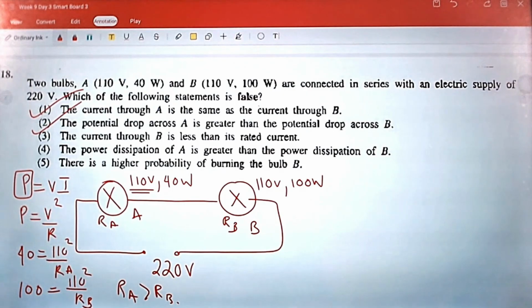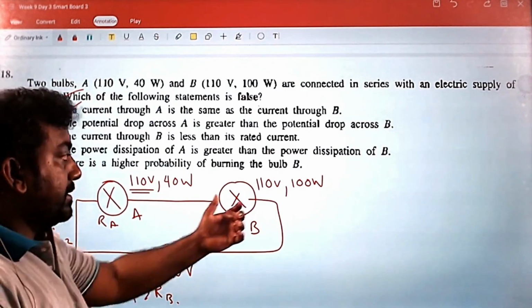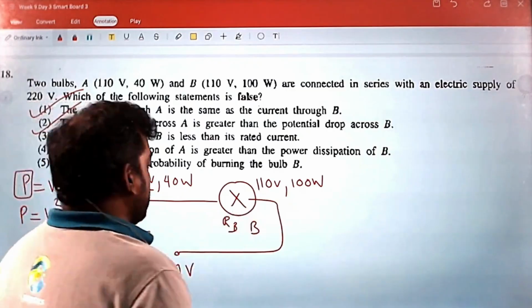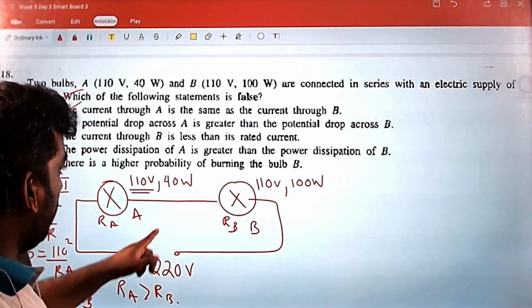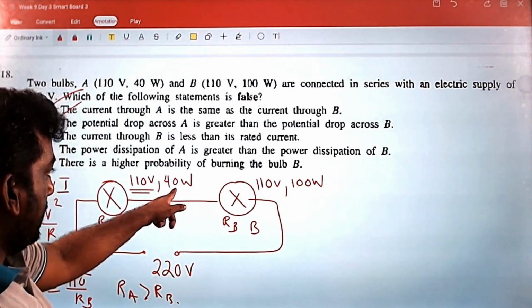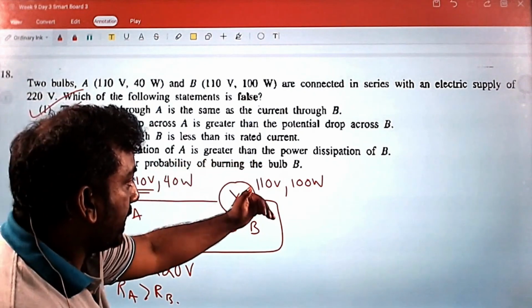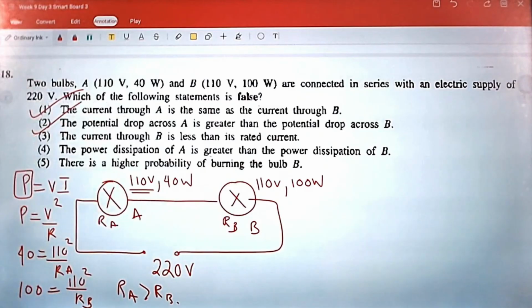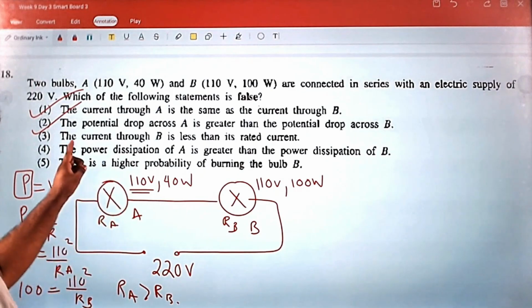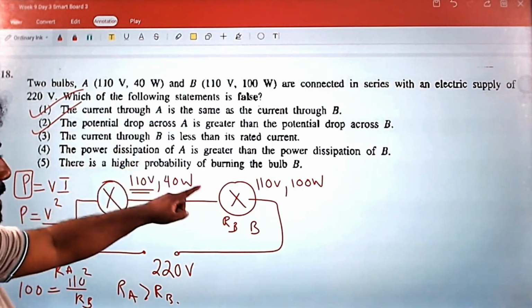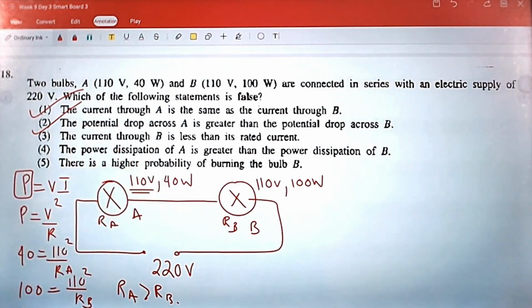Current through B is less than the rated current. Obvious. If you take the 100 watt bulb, the maximum possible current is greater than the current here. So current through B is less than the rated value. Yes.